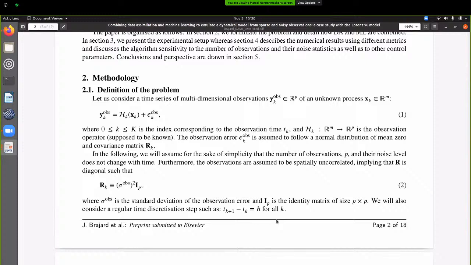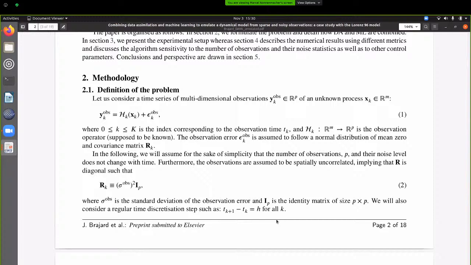You can have full linear. In fact, I'm going to quickly show a paper, before this one and the next one, that actually learns the linear H operator alongside the dynamics. The EM algorithm, which you might have read about in the second paper, can handle this. Here, for simplicity, they just went for a subsampling operator because apparently, for this kind of Lorenz 96 system, it's standard to use it.